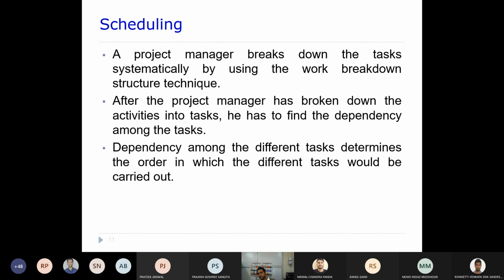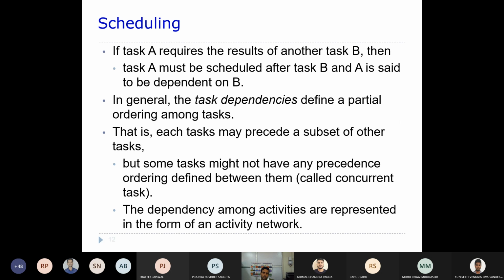After the project manager has broken down the activities into tasks, he has to find the dependencies among the tasks. The dependency among different tasks determines the order in which different tasks will be carried out.